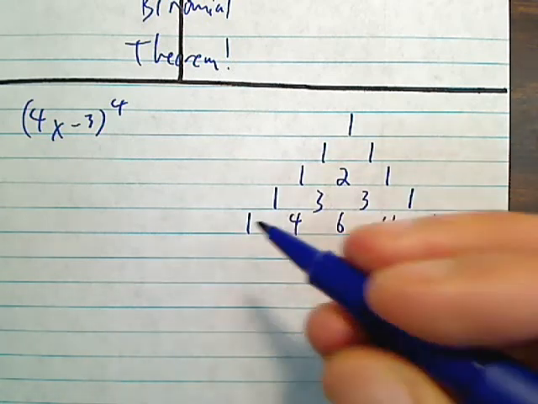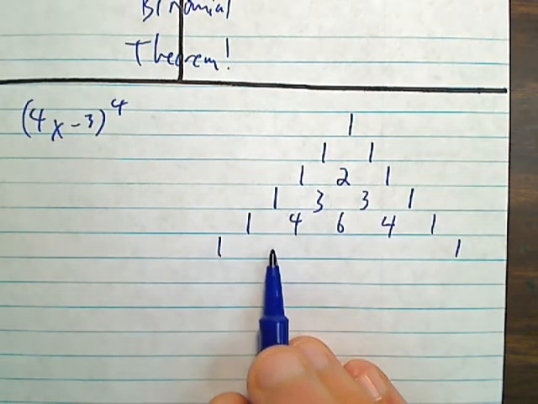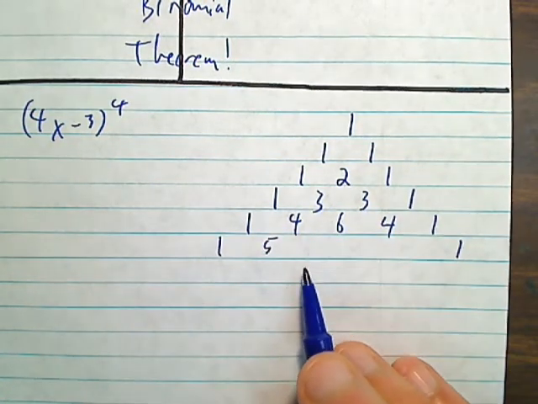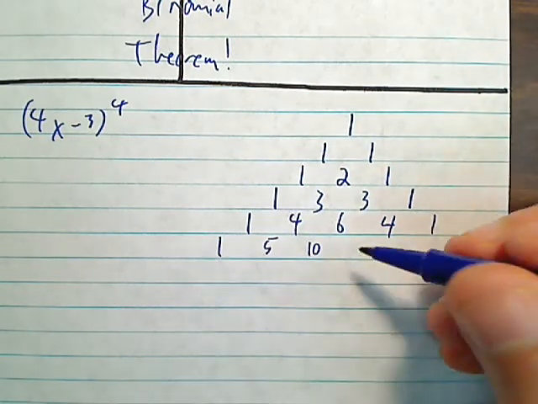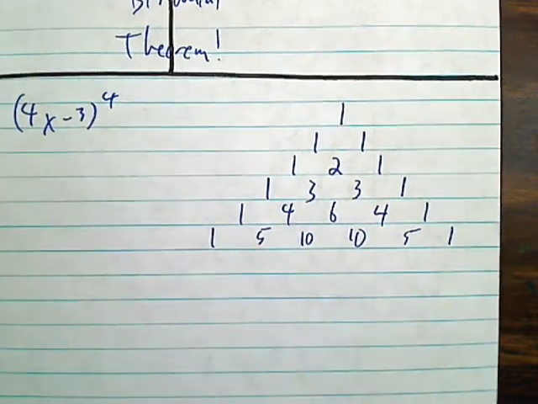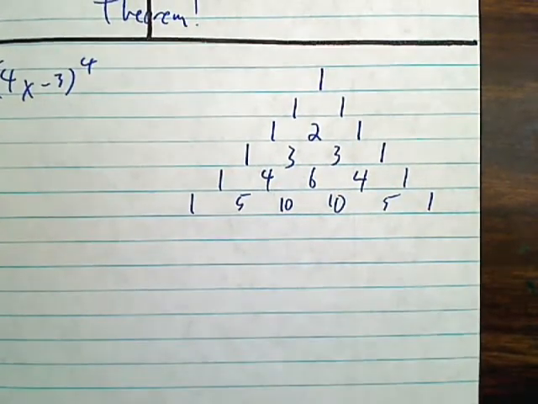Okay, so I'm adding the numbers. We get one more row here. Maybe we'll have to add to it later. I don't know. 4 and 1 is 5. Let me see. 4 and 6 is 10. 6 and 4 is 10. 4 and 1 is 5. And this will continue on forever and ever, and I'll show you a web page in a little bit that'll make it as big as you would like.